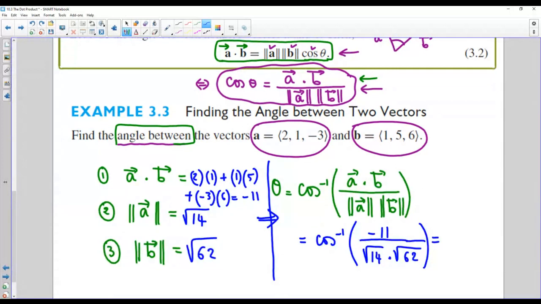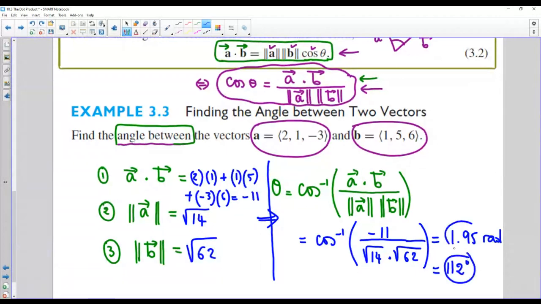If your calculator is in radians, let's give the answer in radians: 1.95 radians. If your calculator is in degrees, let's say to the nearest degree, 112 degrees.